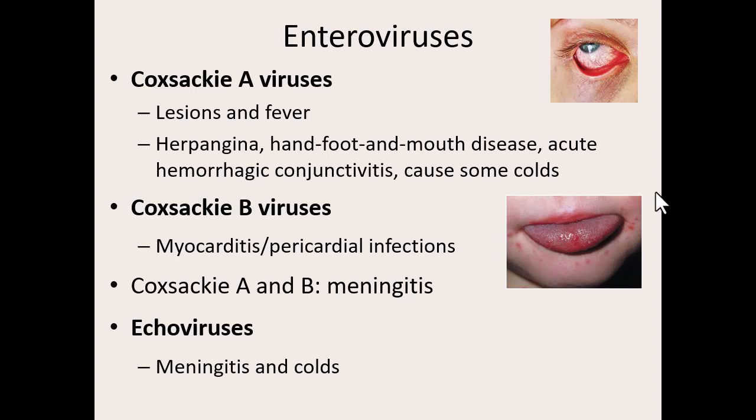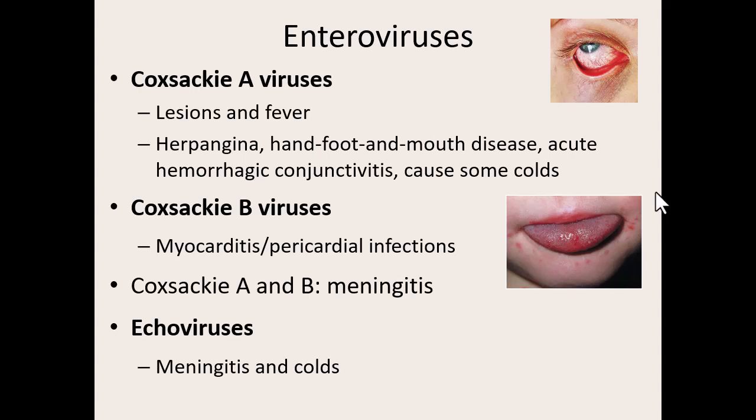Some of you may have heard of, maybe not Coxsackie viruses, but some of the diseases they cause. One is called herpangina, and this just means you have sores around the mouth. It's called herpangina because it resembles herpes. Just like cold sores, you get sores around the mouth, but it's not a herpes virus, just similar in its signs and symptoms.